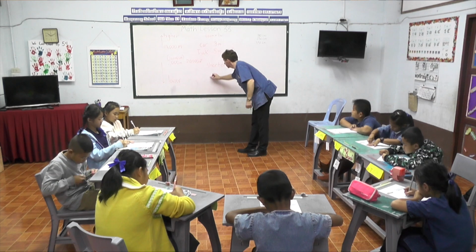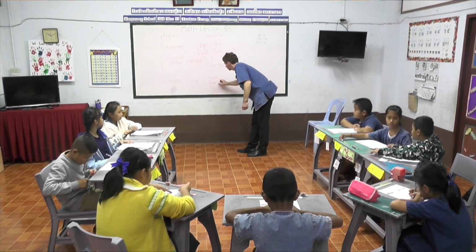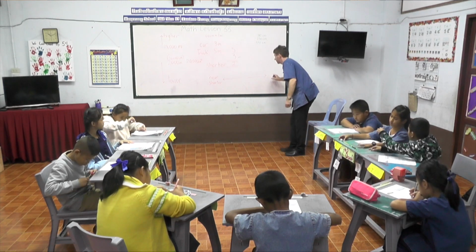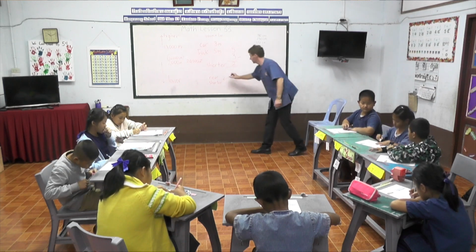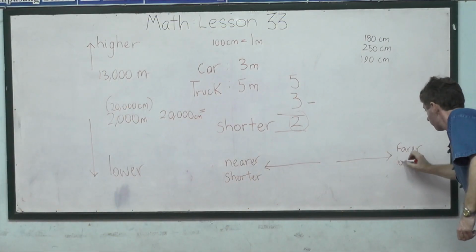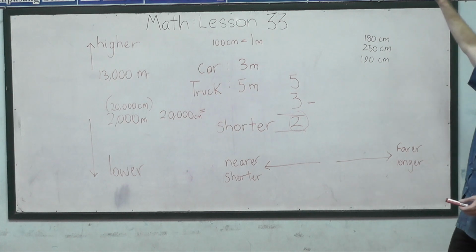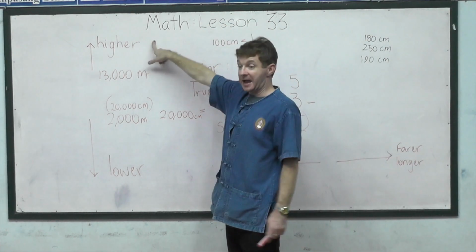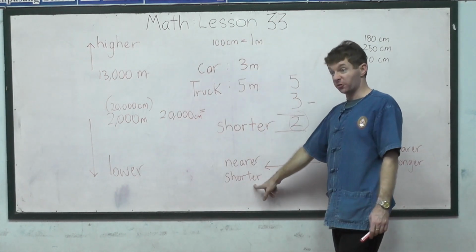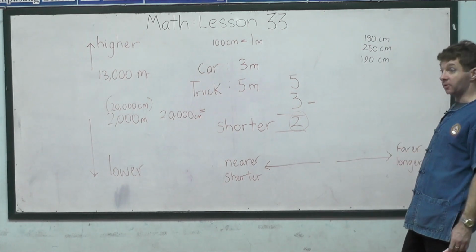Near is the same as shorter. Nearer and farther, like higher, lower. But nearer and shorter are the same. And farther and longer are the same.